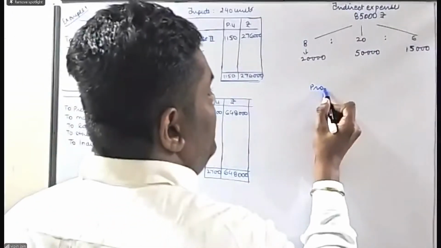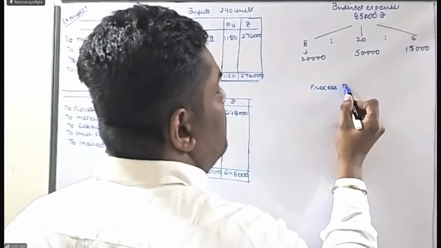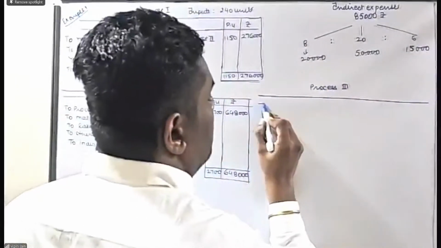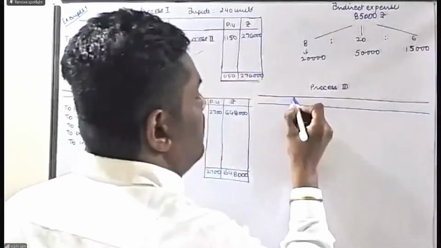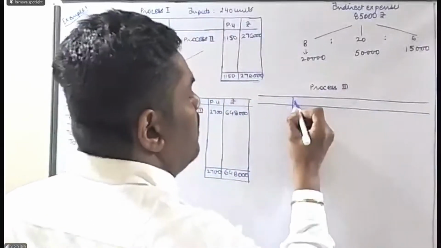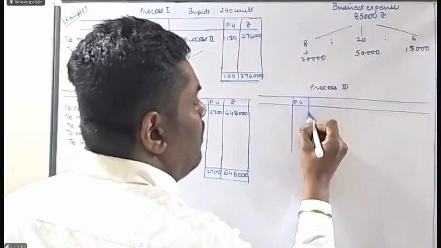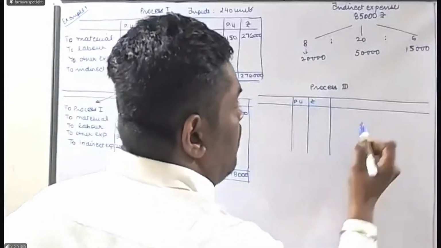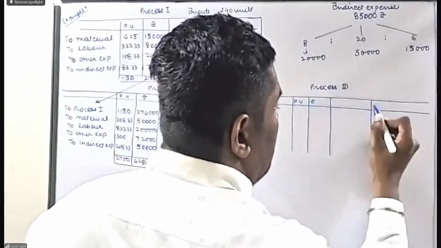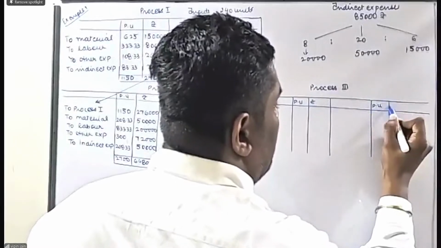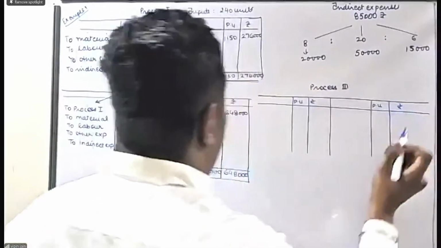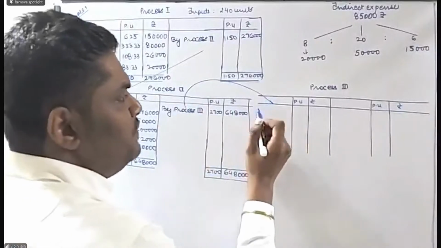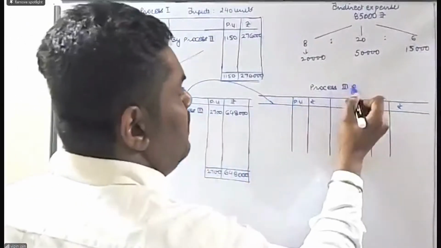Now let's prepare process third account. Now output of process second is transferred to the next process, that is process third.